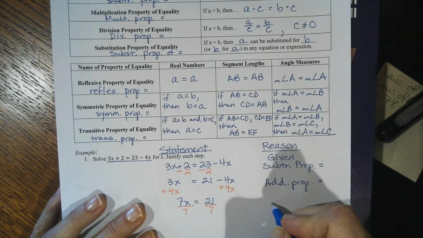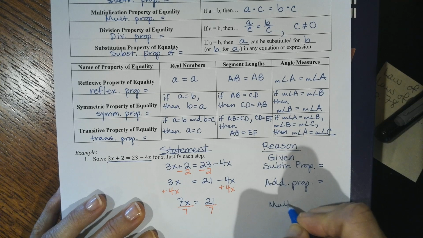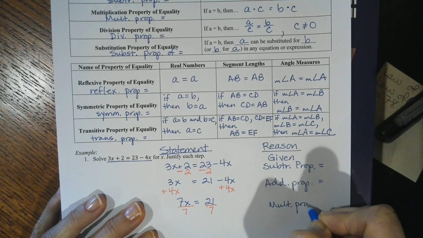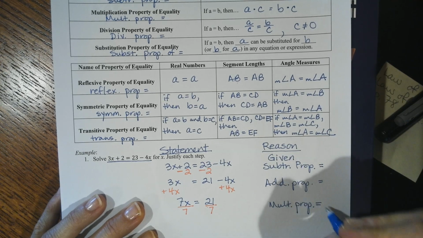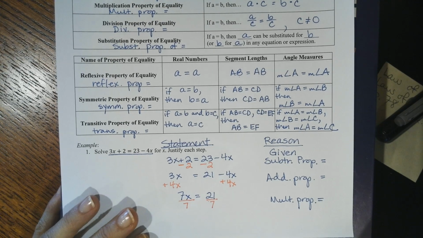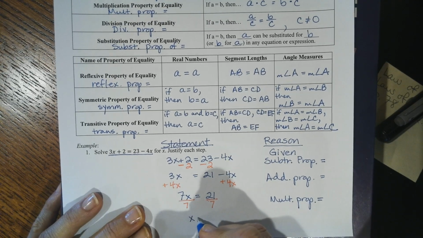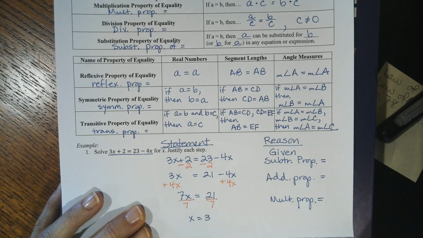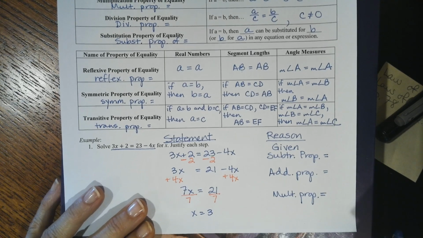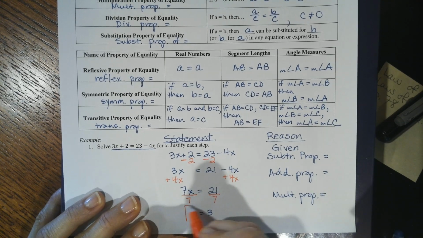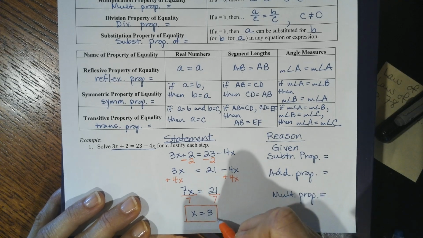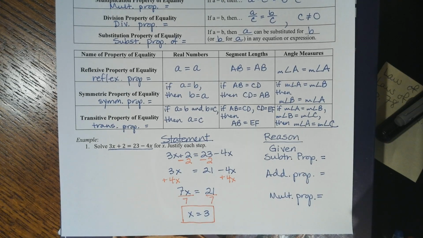And we know that the reason is the multiplication property of equality. So that at the end, my answer is x equals 3. And because I am conscientious, I want to make my work look the best, I'm going to put a box around it.